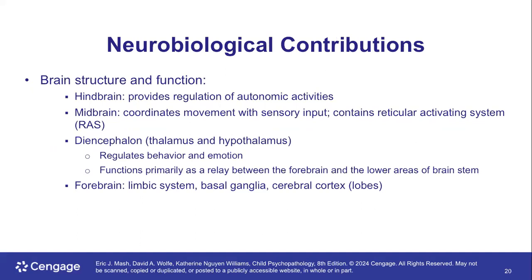If you were to divide the brain into its parts, you could divide it in many different ways. The three large divisions we refer to as the hindbrain, midbrain, and forebrain. Some people separate out the diencephalon, which is the case here.